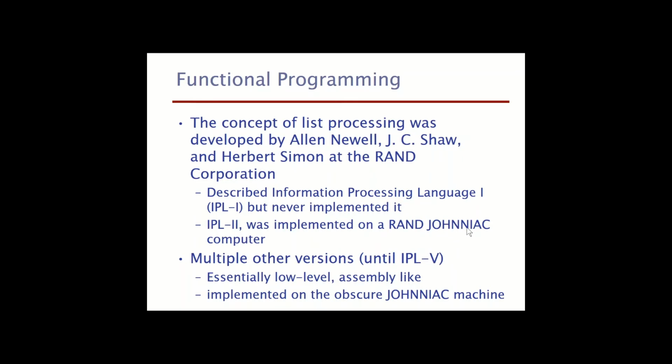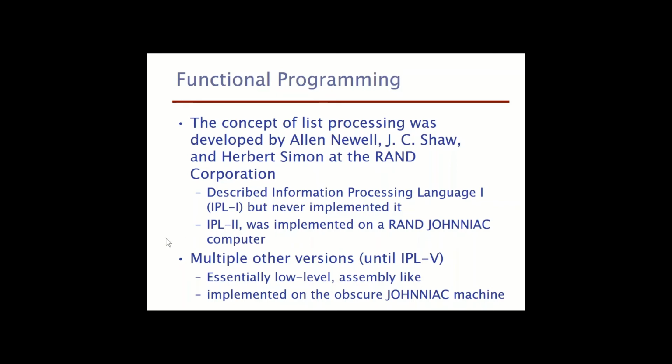NIAC stands for numerical integrator and automatic computer. So it was one version of the computers back then, and for it they developed something they called information processing language, IPL 1. It was not implemented. The second version was implemented on the JOHNNIAC computer, the Rand computer.